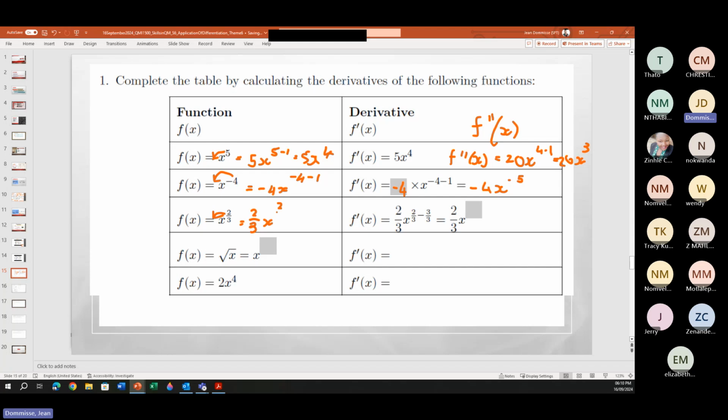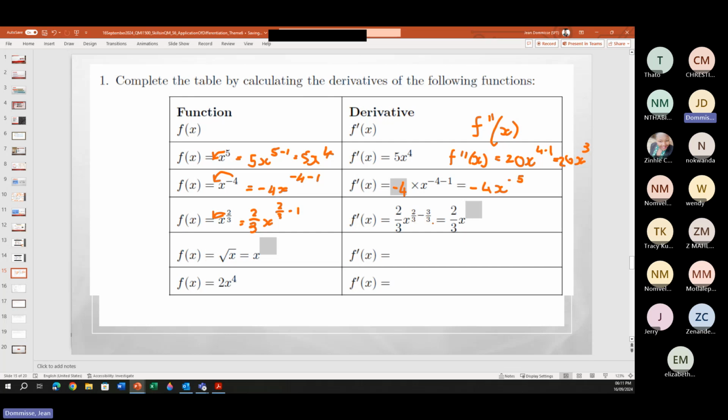We had the fraction 2/3. So follow the same process, minus 1. Now you can see what they're showing us is that minus 1 is actually the same as minus 3/3.